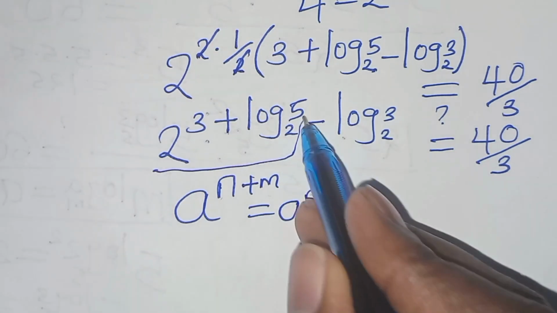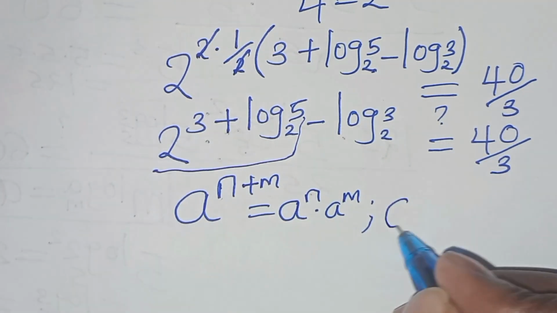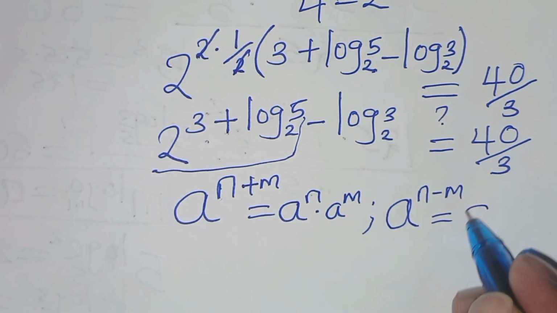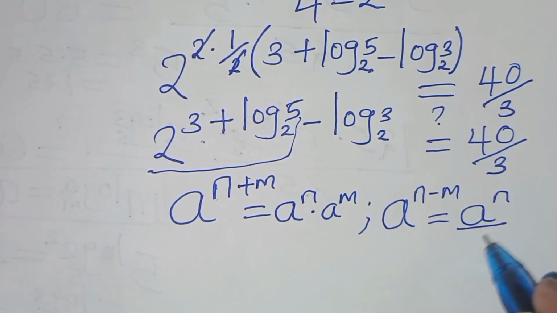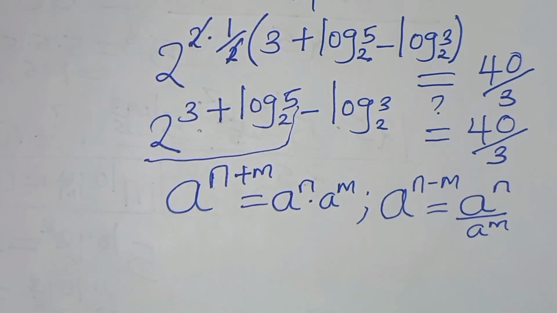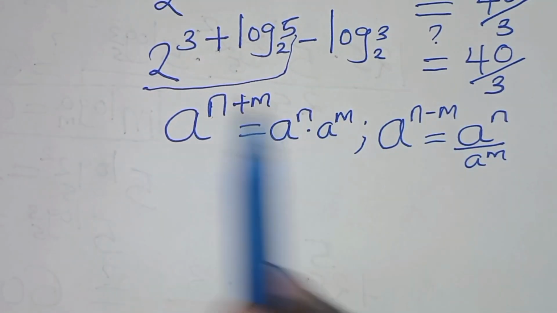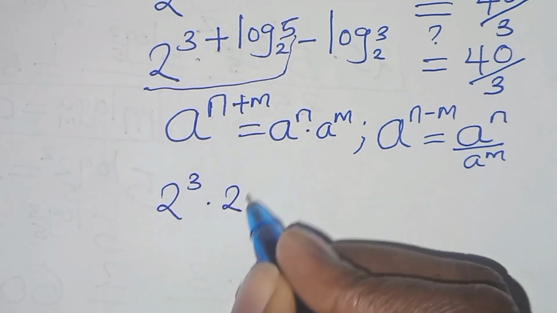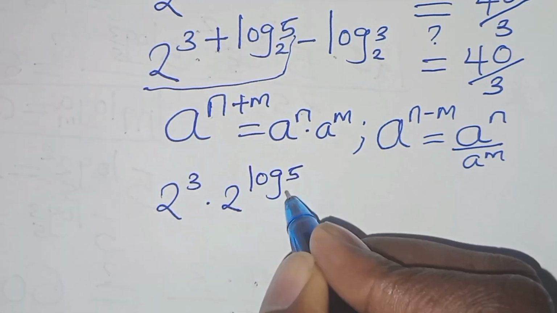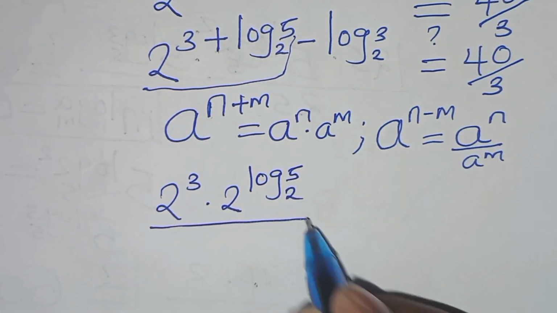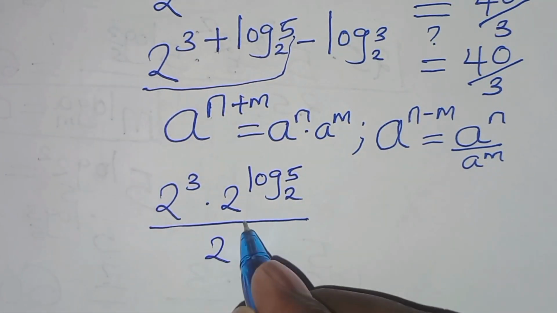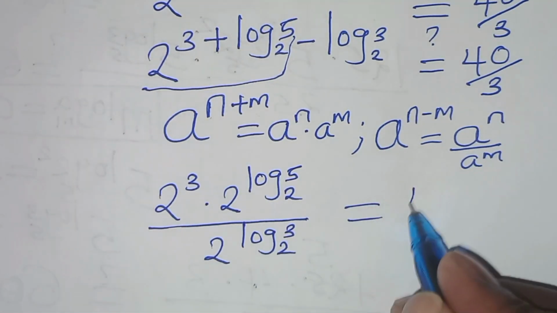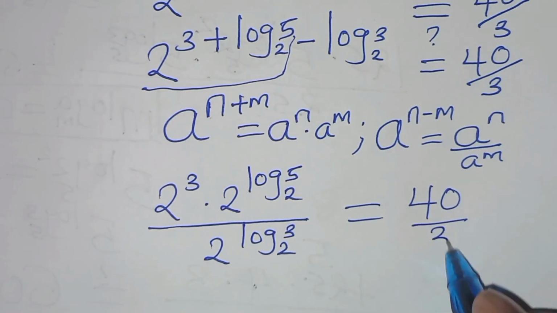And then we have a to power n minus m, which we can express as a to power n divided by a to power m. Applying this property, this is the same thing as 2 to power 3 times 2 to power log 5 to base 2 divided by 2 to power log 3 to base 2. This is supposed to give us a value of 40 over 3.